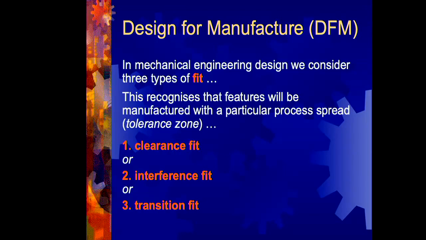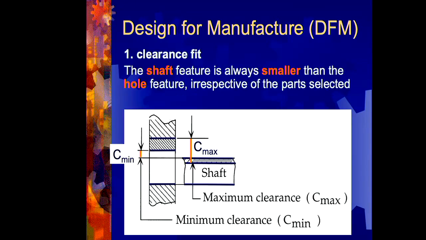Last time, I hope that everyone had a common understanding of clearance, interference, and transition fits. And last time I went through this little process of maximum and minimum clearance because it's always about having a fit.